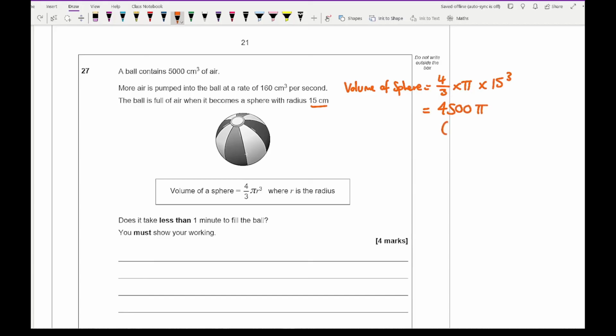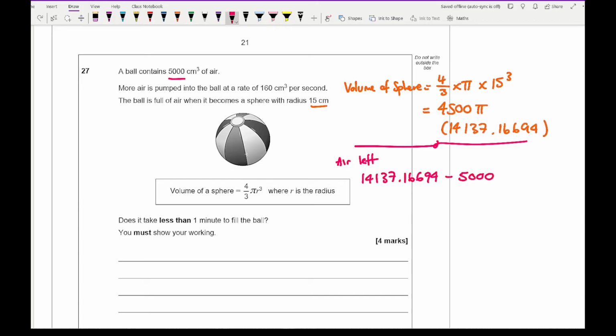Or if I convert that to a decimal, it's going to be 14137.16694. Then from this, what we can do is take this away from the air that's in the ball already. So the air left is going to be 14137.16694 take away 5,000, and that gives us an answer of 9137.166941.